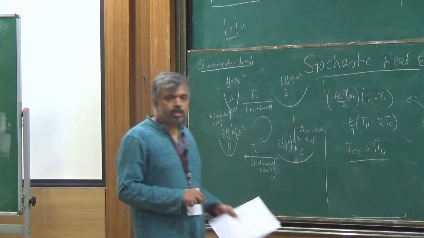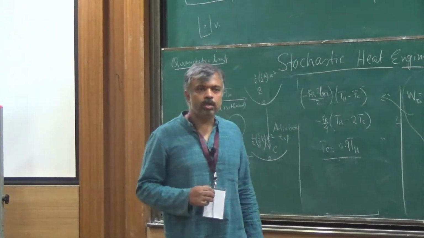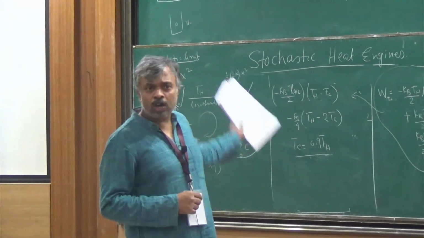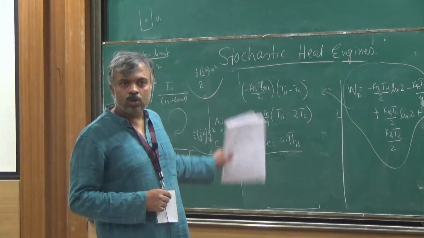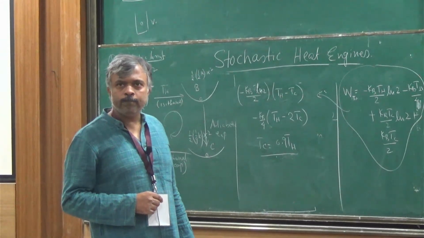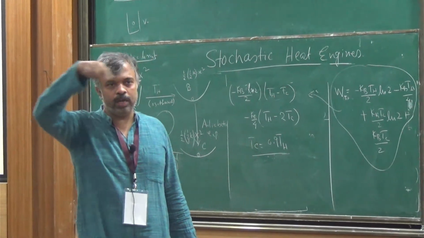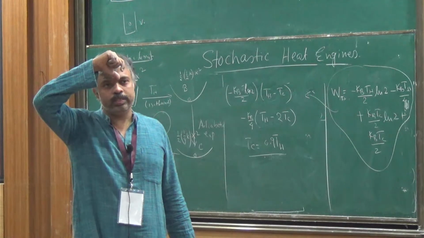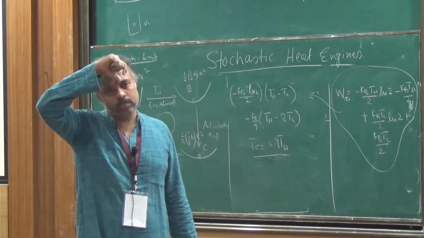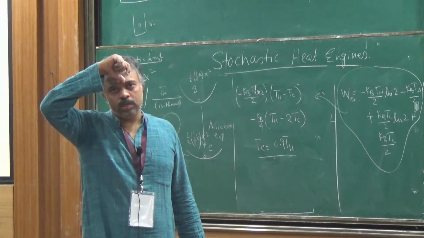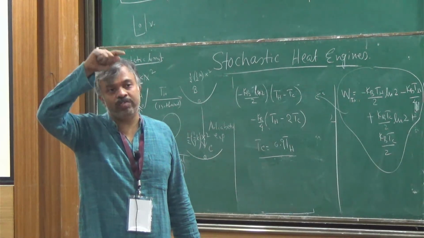There is no PV diagram for this. So what is the analog of the PV diagram here? The K can be associated with the P, the generalized pressure. But what is the V? X square average.